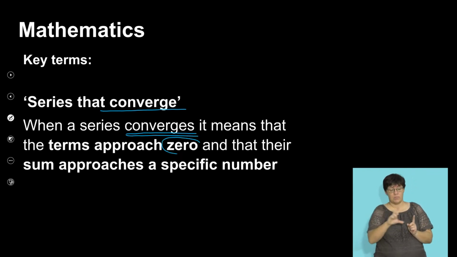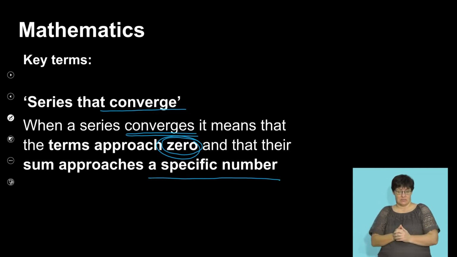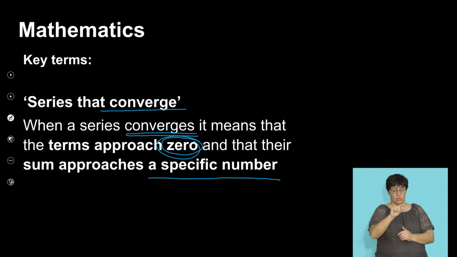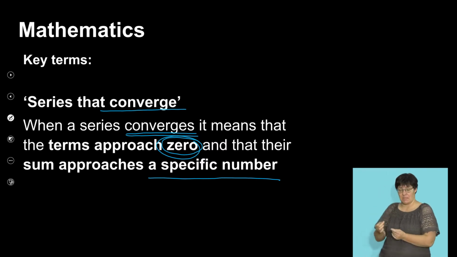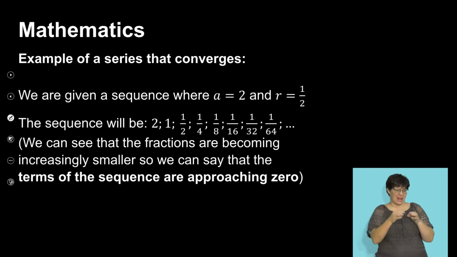So as the terms of the pattern go on and on, they get closer and closer to zero. And for a series that converges, the sum approaches a specific number. So the terms themselves become smaller and smaller and closer to zero, and the series of this convergent pattern approaches a specific number. So let's look at how I could actually try and illustrate that.